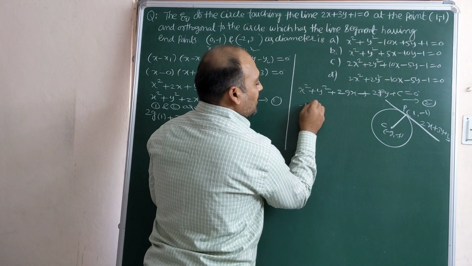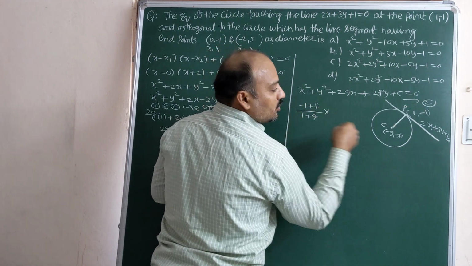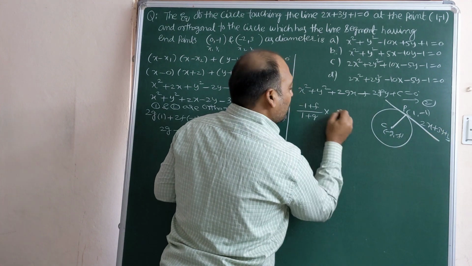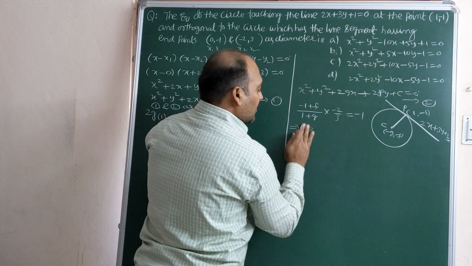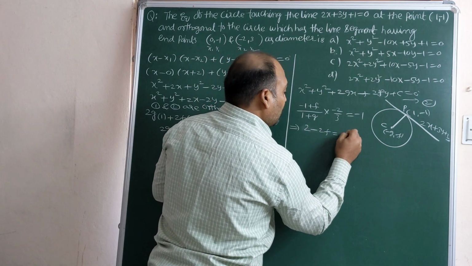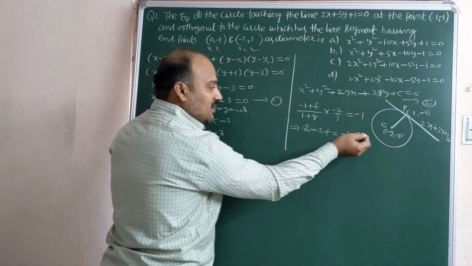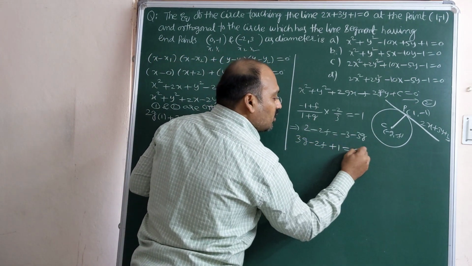So minus 1 plus f by 1 minus of minus g, 1 plus g into this line slope, minus 2 by 3 is equal to minus 1. Cross multiply. Minus 2 into minus 2, minus 2f equal to minus 3 into 1, minus 3g. So all these values we can take this side, 3g minus 2f plus 1 equal to 0.